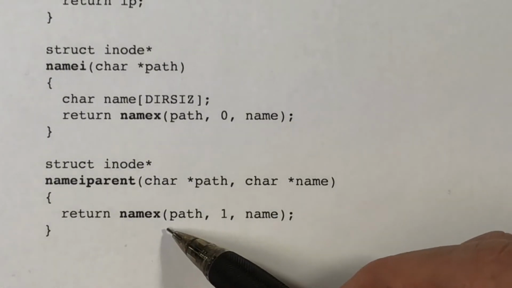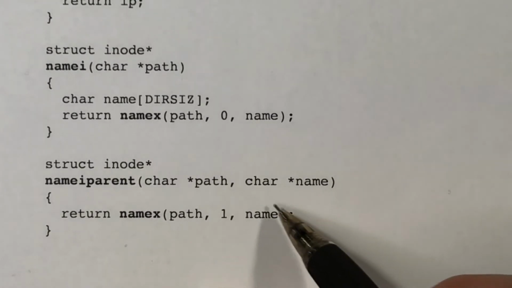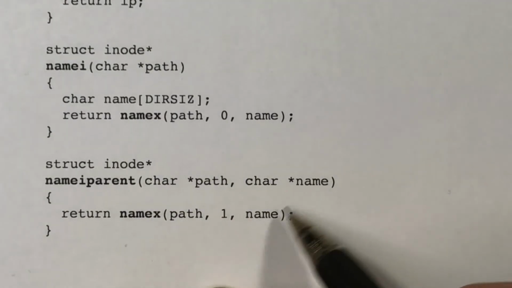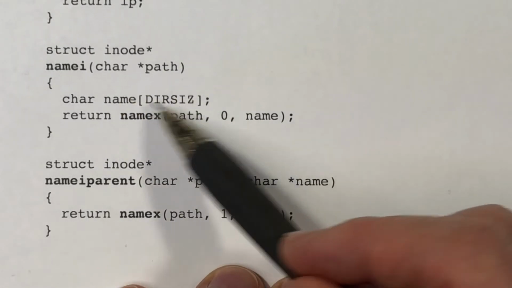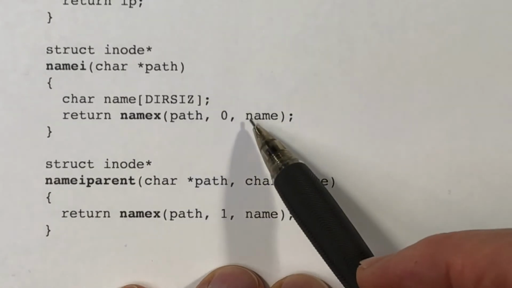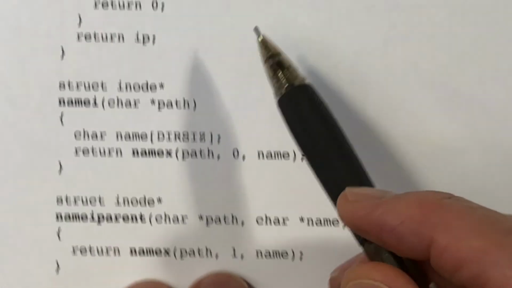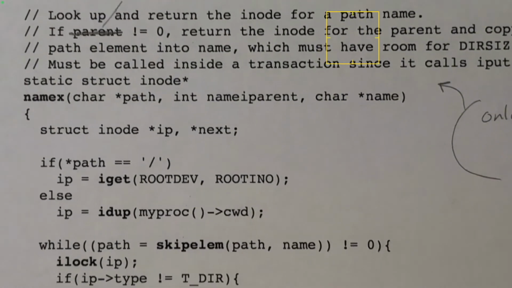Now, nameX requires a 14-byte memory area in which to save each file name in the path. In the case of nameI parent, we're trying to extract that, so it's passed in. But for nameI, we have a local variable that's the 14-byte field, and we're passing in the address of that variable.